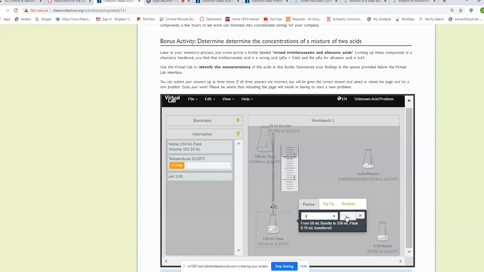Halfway done titrating my weak acid. Maybe when I do it again, I'll take my 0.001 molar sodium hydroxide. But right now I'm going to add 0.01 milliliters of this stuff.